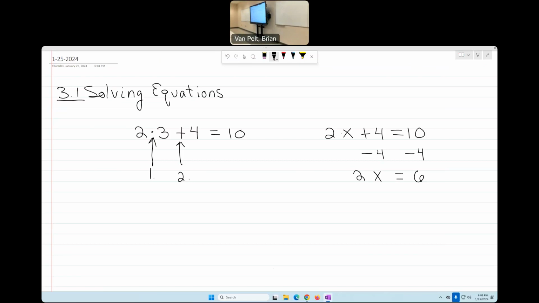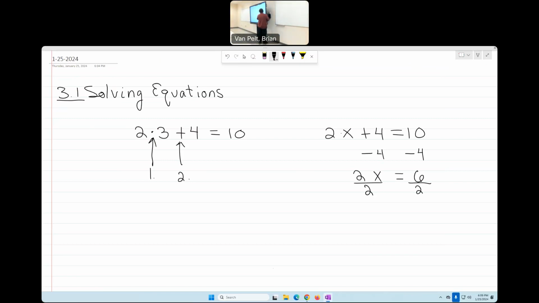All right, now, when we did the original problem, I did the multiplication first. So I'm going to take care of that second, but I'm going to reverse it. What's the opposite of multiplication? Division. I can divide by 2. This is the way I usually draw it.